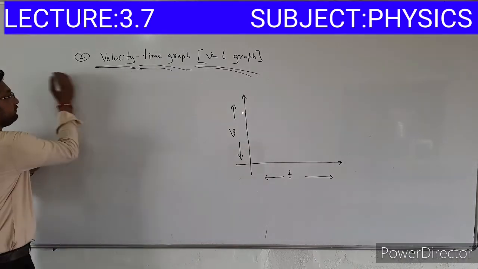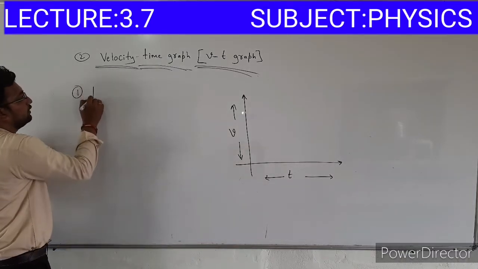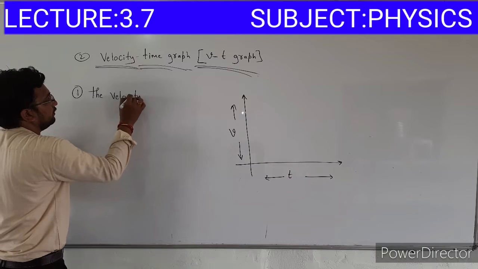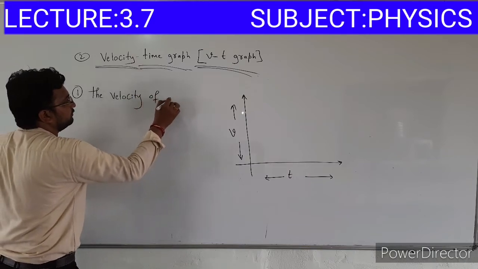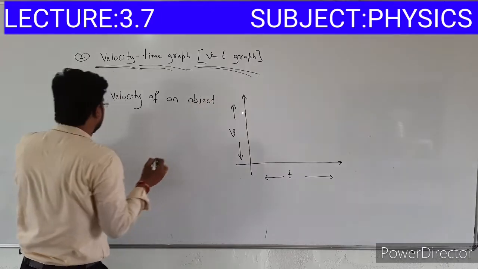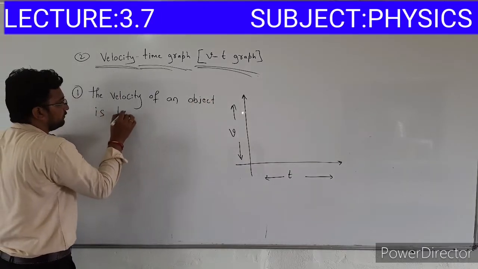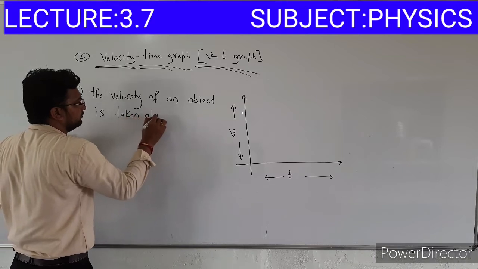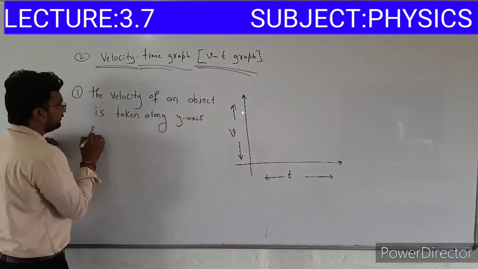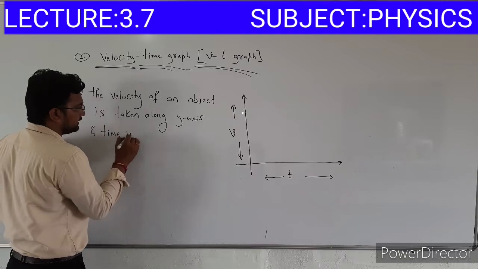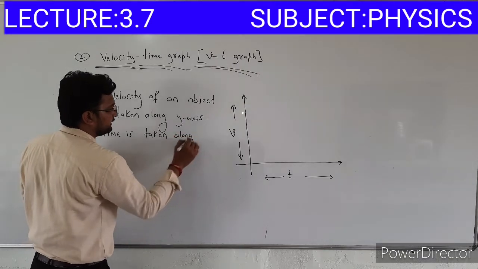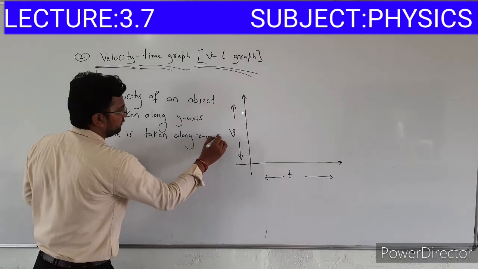See here, the first point: the velocity of an object is taken along the y-axis and time is taken along the x-axis, right?